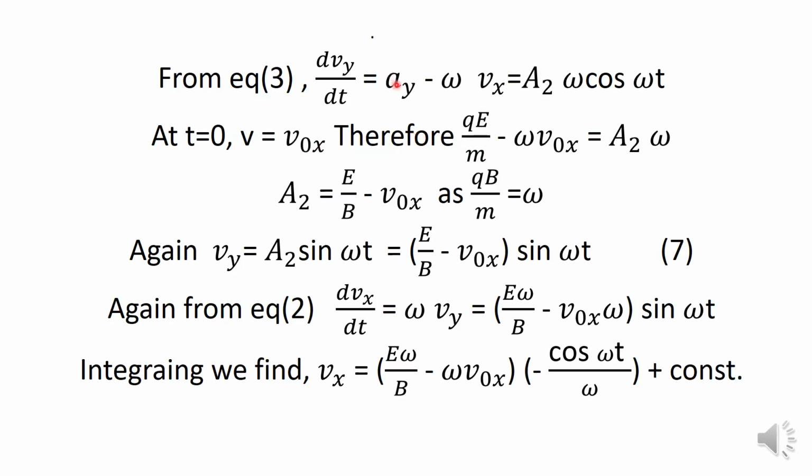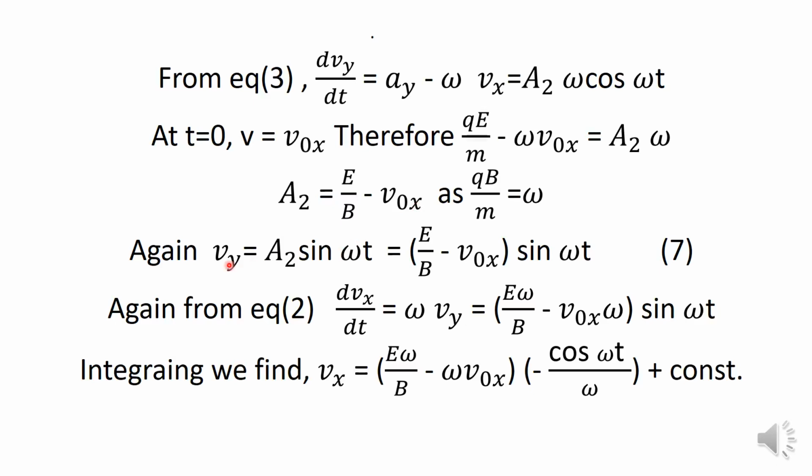Therefore ay, which means qE/m, minus ω v0x, here applying vx = v0x, equals a2 ω. From this equation, after putting the value ω = qB/m, we find a2 = E/B − v0x.